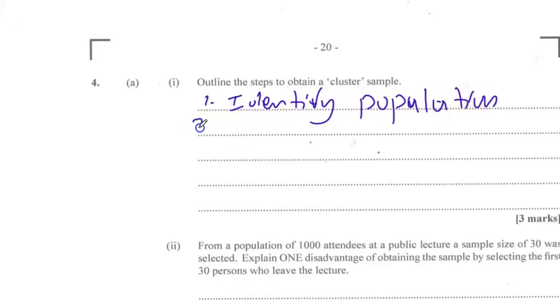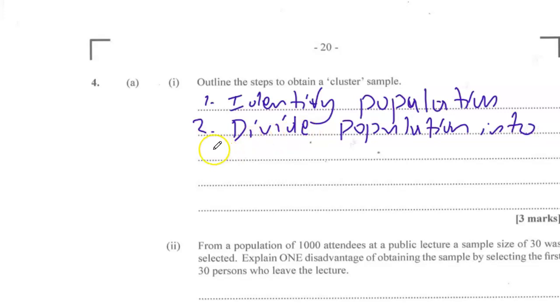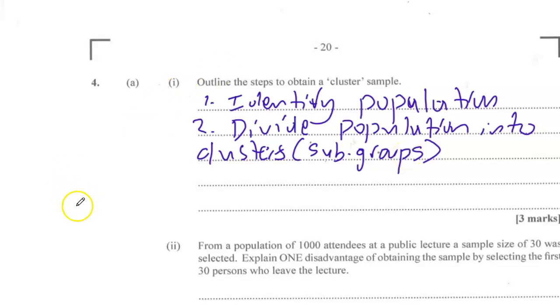And you divide the population into what we call clusters, or another term we could use is subgroups, and you could do it by age or by gender or by ethnic groups and so on.